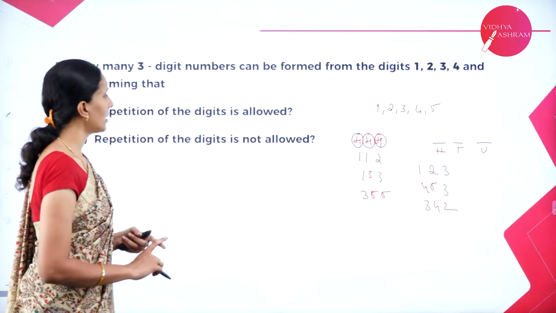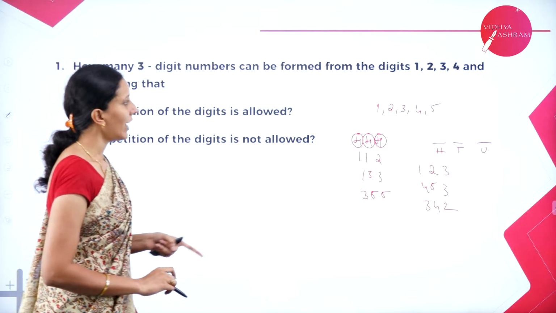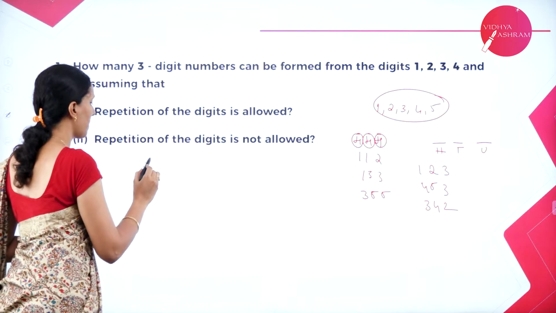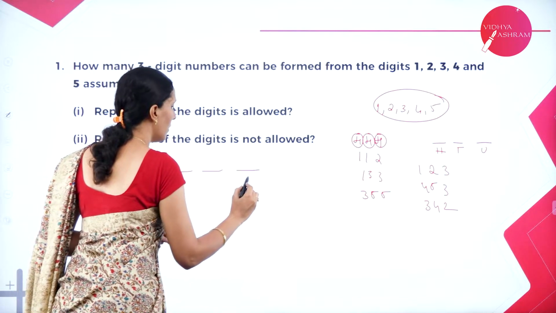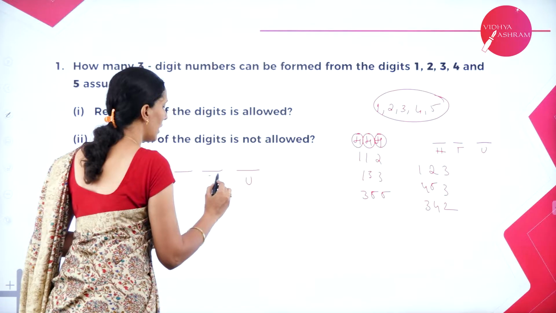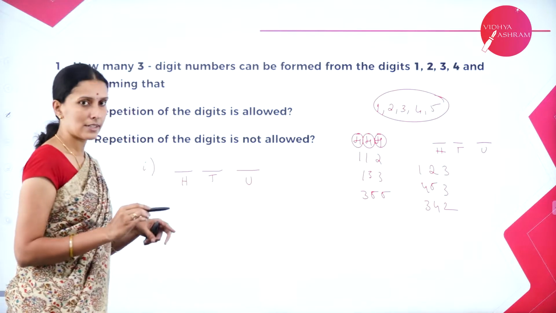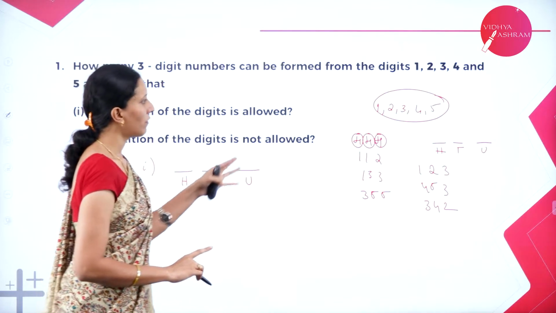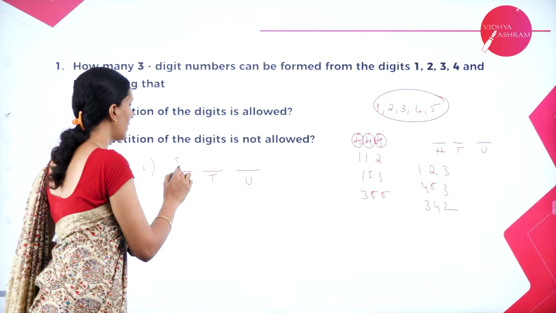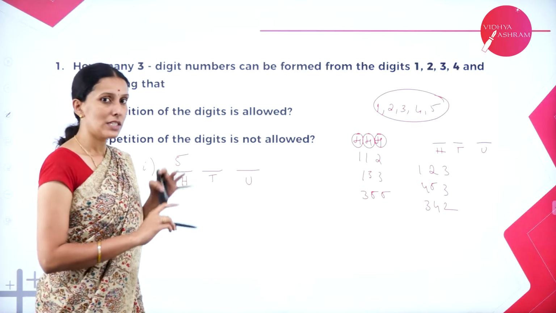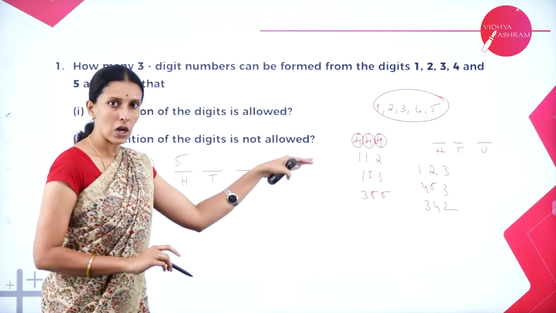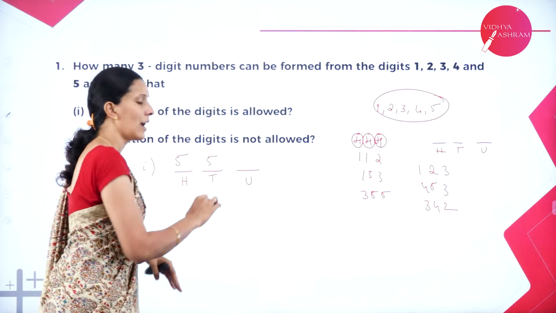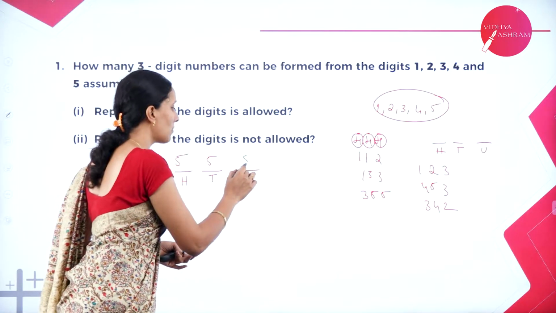Now let's look at the case where repetition of digits is allowed. We have 5 numbers here. For the first case, I have a 3-digit number: units place, tens place, hundreds place. Let's start filling from the hundreds place or units place; either way you can fill it. If I fill all 5 numbers in the hundreds place, since repetition of digits is allowed, again all 5 numbers can be filled in the tens place, and again it is possible in the units place also.